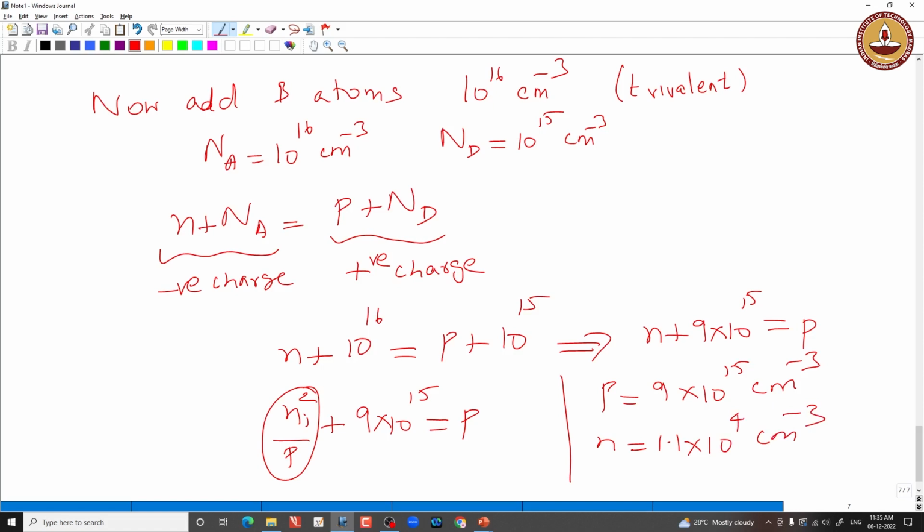So you started off with an n-type semiconductor. To that you added enough boron so that you actually changed the nature of the semiconductor from n-type to p-type. This is called compensation doping. This is something that people use when they are actually making semiconductor devices. They want to make junctions. They go for this sort of an approach.